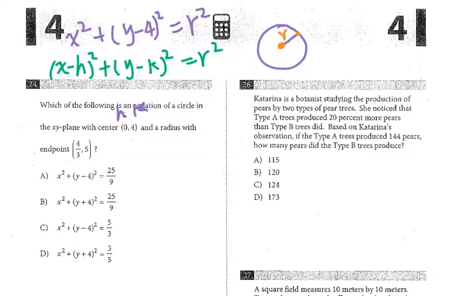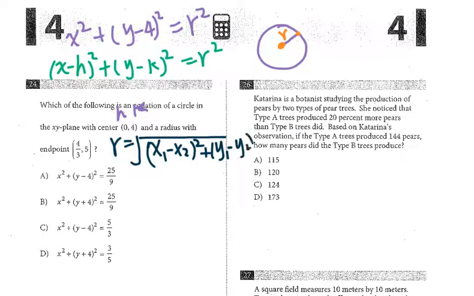That's your radius. So for the radius, we can use the distance formula: the square root of (x1 minus x2) squared plus (y1 minus y2) squared. I can label (0, 4) as x1, y1.